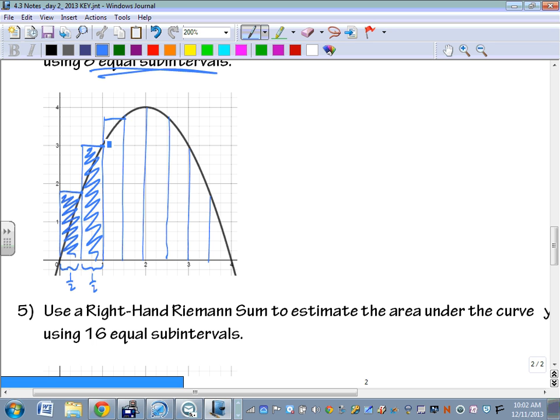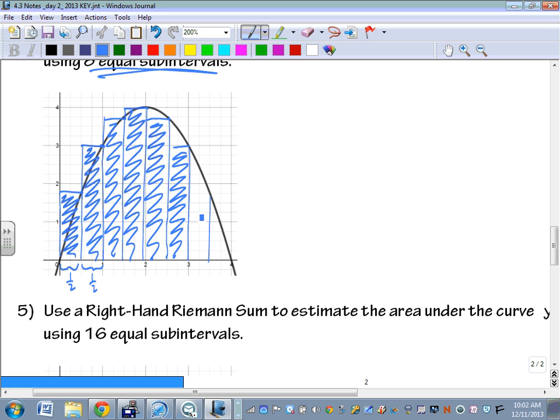And so on. Then again, at that last interval, we don't end up with a rectangle because at x equals 4, y is 0.